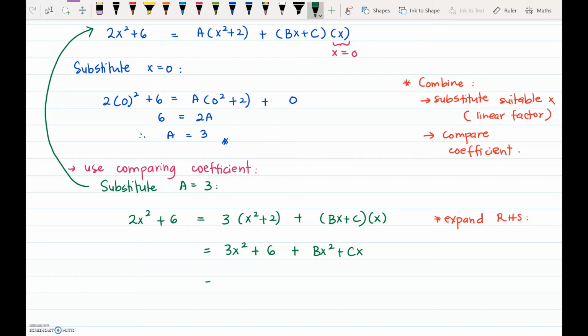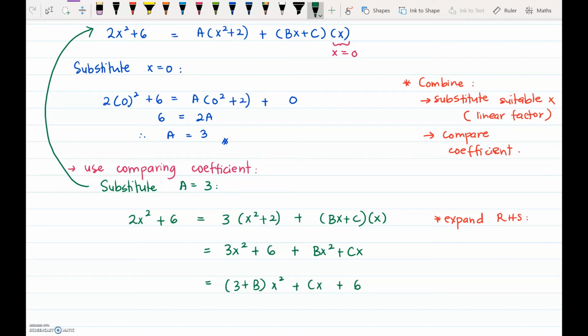Then we will have 3 plus b times x squared. When you collect the coefficient for each term, we have (3 plus b) for x squared, and then plus cx plus 6.